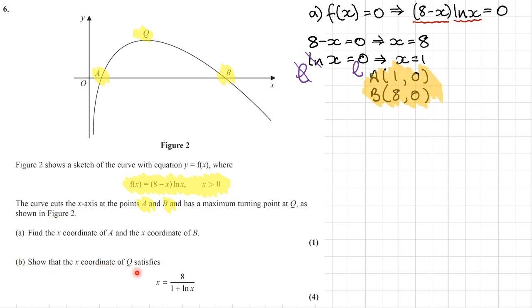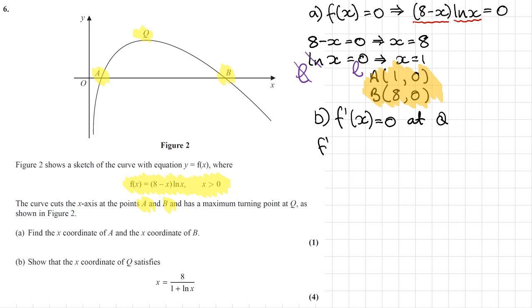Show that the x-coordinate of Q satisfies this equation here. Okay, now since we have Q is a maximum point, that means that the derivative is 0, so f dash of x is 0 at Q, at this maximum. So we're going to have to differentiate what we've got here.